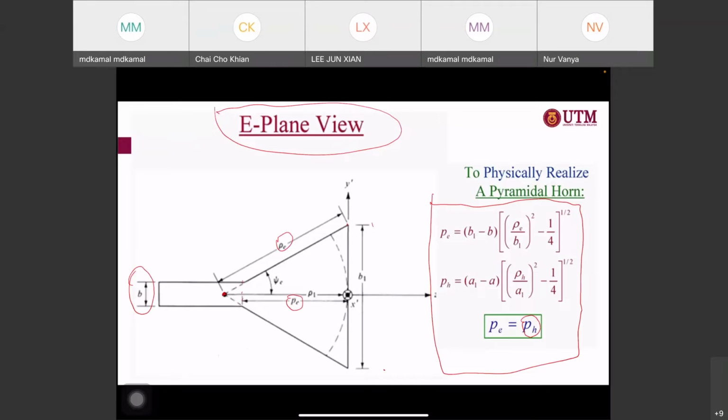So how do you find the PE here? PE is equal to B1 minus small b, multiplied by rho E. This is from the Pythagorean theorem.